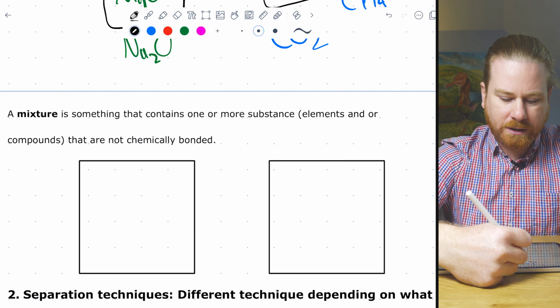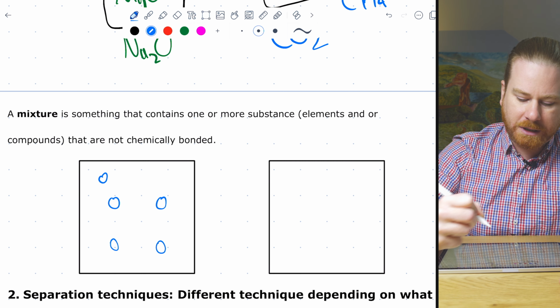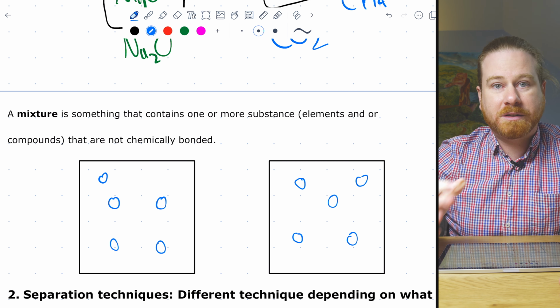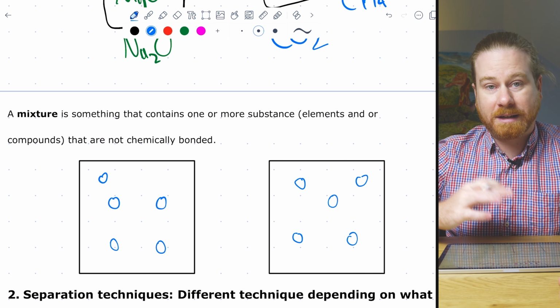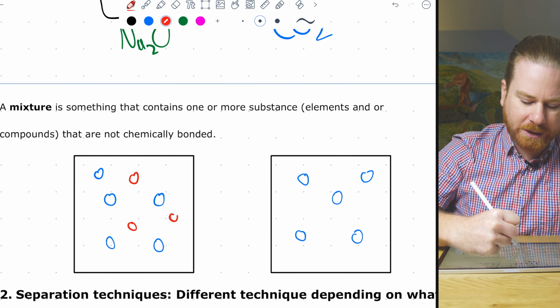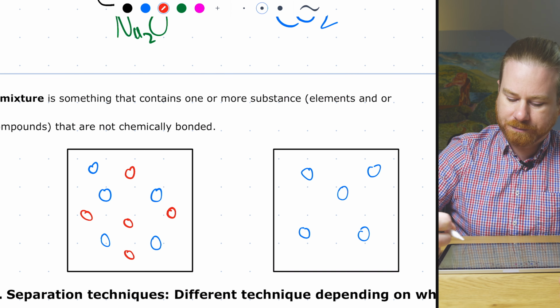Looking at what this looks like in diagram form, let's get some circles drawn. If you've got things like this, that would represent an element. Then to make it impure, we can chuck something else in here. So this would be an impure mixture of elements.